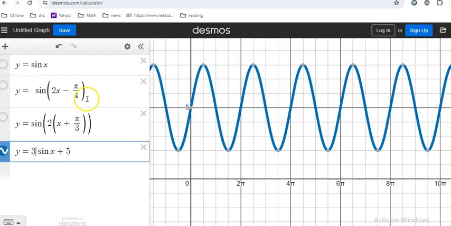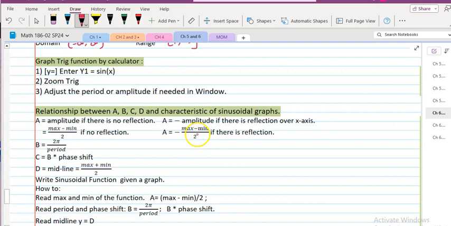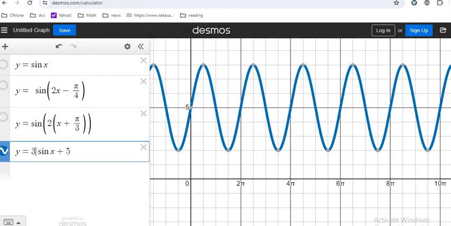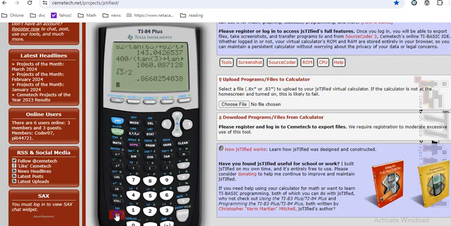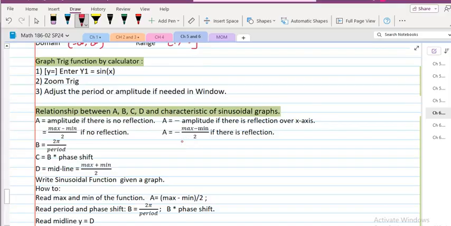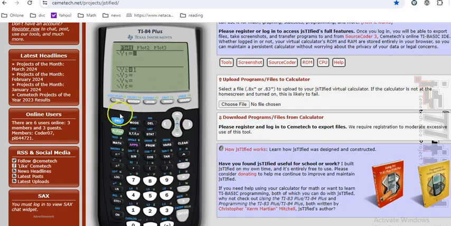If you go to a TI graphing calculator, I'll show you how to do it. You would do y equal, okay, clear this. What do they want? Let's say sine x, right? If you graph this, you need to change your mode back to radian.